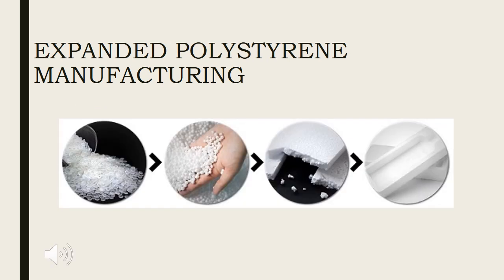How is expanded polystyrene manufactured? The conversion of expandable polystyrene to expanded polystyrene is carried out in three different stages. These are pre-expansion, maturation or stabilization, and the last one is molding.